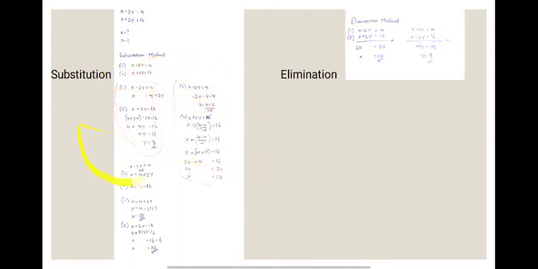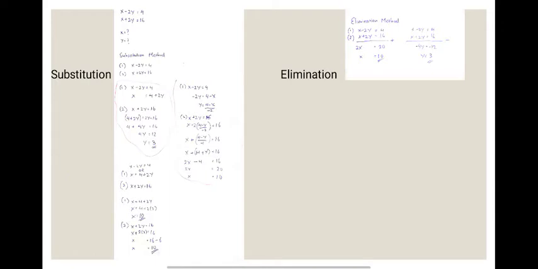Now, the easier way that I want to show you is, after we finish finding y here, we can go directly to the one below. So what's the difference between this and this? By now you can see we have the same result here, x equals 10.